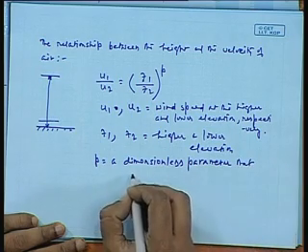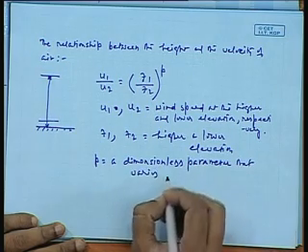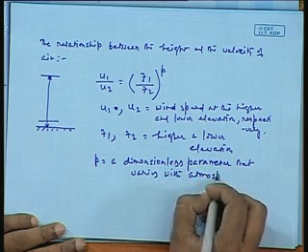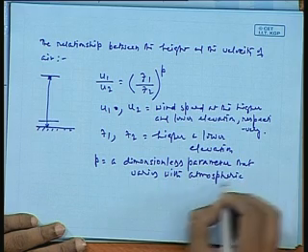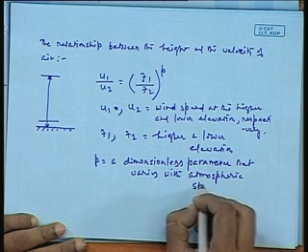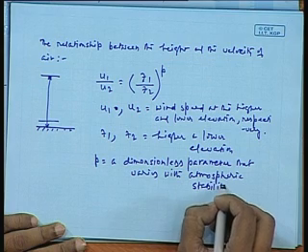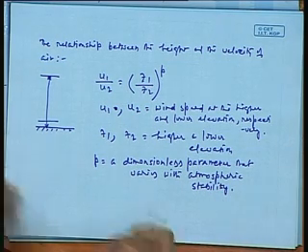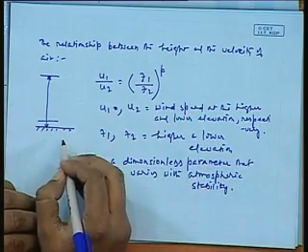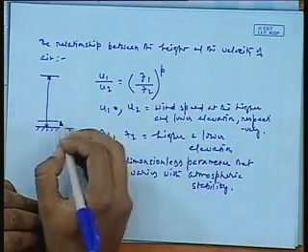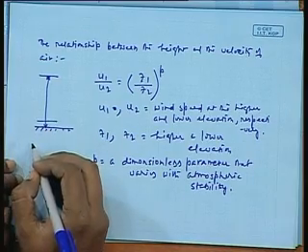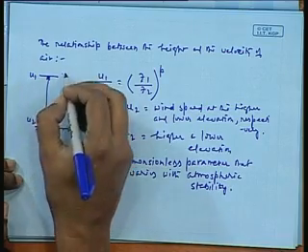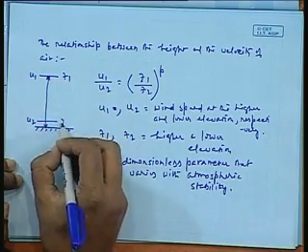that varies with atmospheric stability. That varies with atmospheric stability. So here, u1 and u2, this one is z1 and this one is z2.